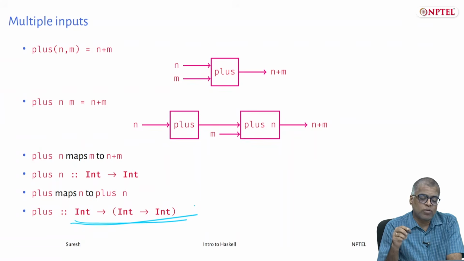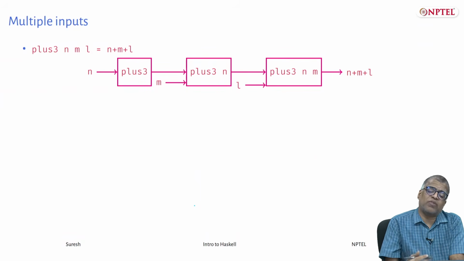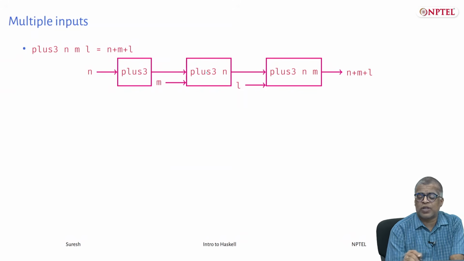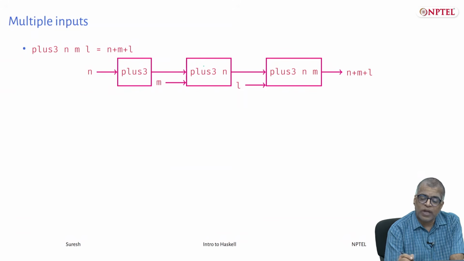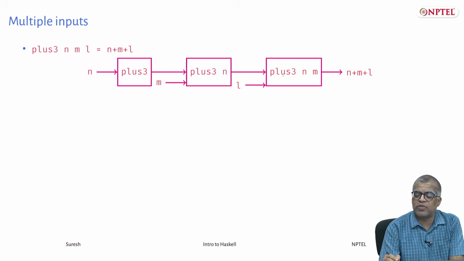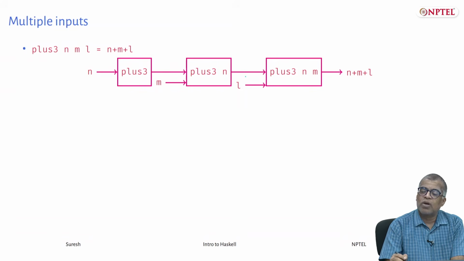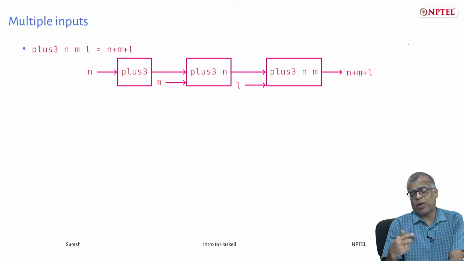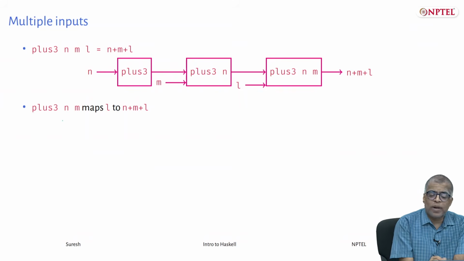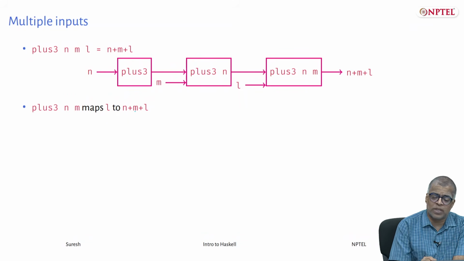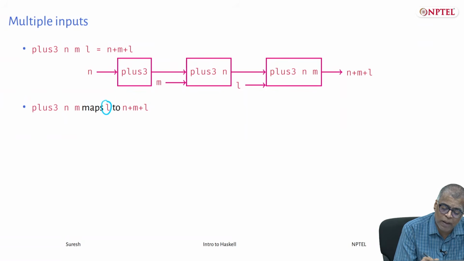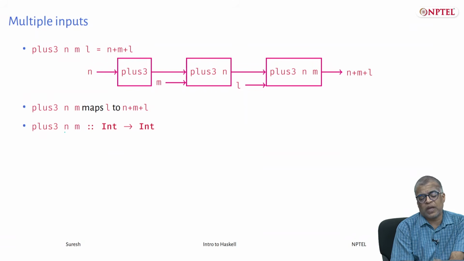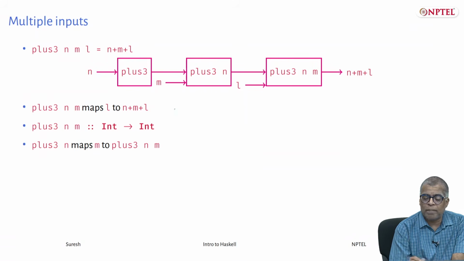Right, okay. So, suppose I had a plus 3 which added 3 numbers, then plus 3 will take n and return a function, plus 3 applied on n, which will take a further input m and return another function, plus 3 applied on n and m, which will take L and finally give me the value n plus m plus L. Now, if I want to compute the types, plus 3 n m maps L to n plus m plus L. So, the input is L and the output is n plus m plus L. So, the type is int arrow int, but this is for plus 3 n m.